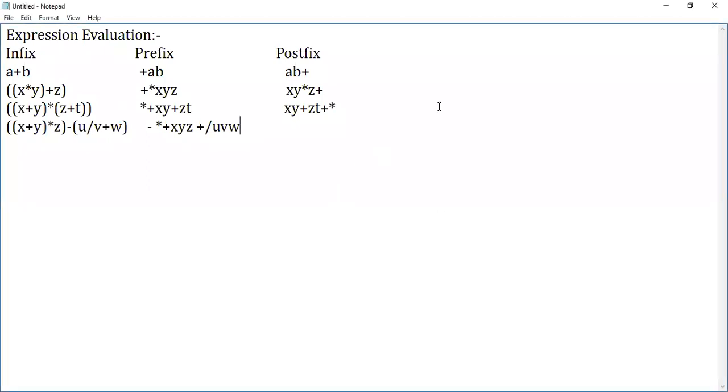Okay, guys, we'll see how to solve this one. So what is the expression here? X and Y. X, Y. So what are you supposed to do? Put a plus before it. And next what will we have? Z. You're going to add Z along with the existing expression. Put this Z, star. This separate expression is done. U, V divided, and W you're going to add to it.